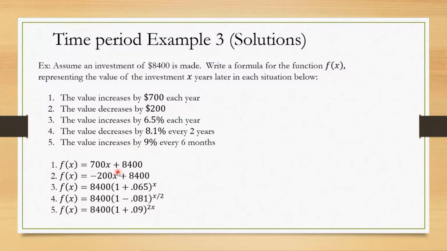So it's going to be negative 200 times x plus 8,400. Again, the slope changes by a fixed amount. Since it's decreasing, it has to be negative. And again, the initial value is 8,400. So that's good. Are there any questions on 1 and 2 before I keep going?